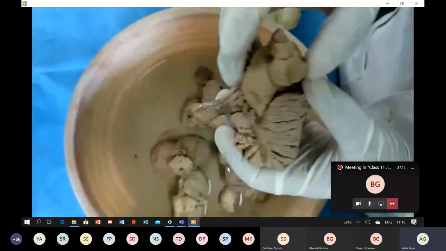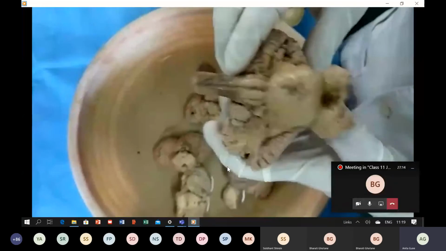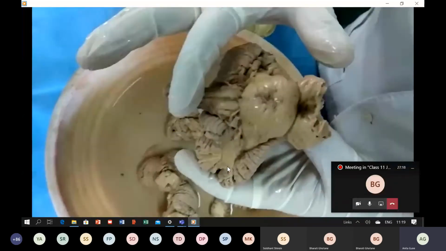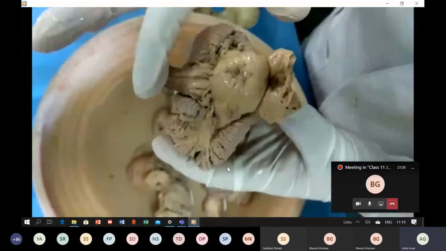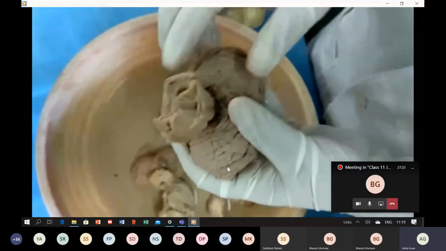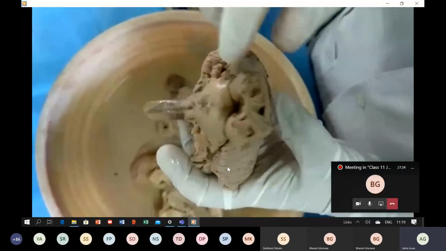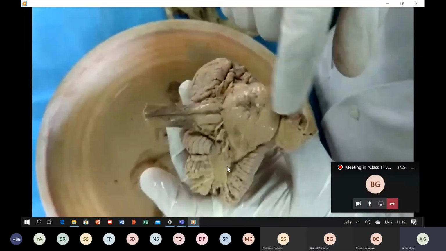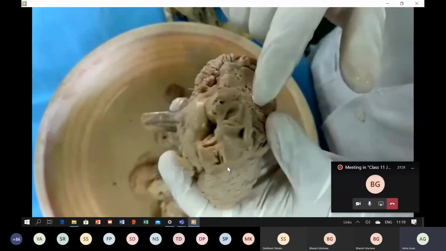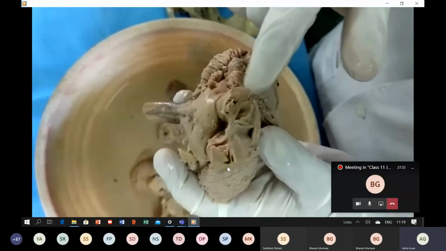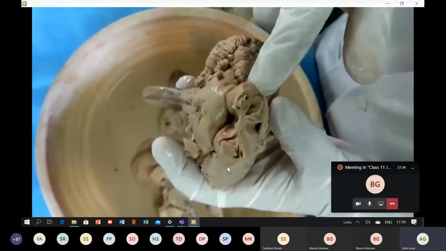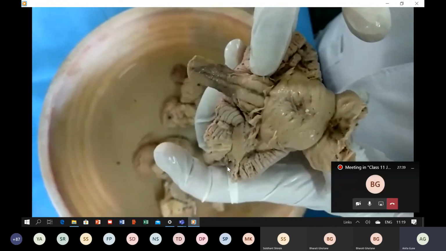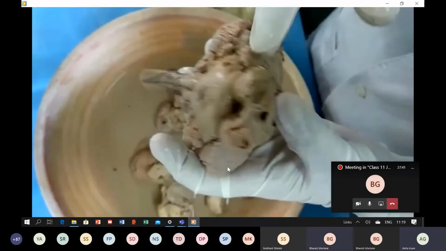Anteriorly, it is related to the brainstem, that is midbrain, pons and medulla. It is attached by the superior cerebellar peduncle, middle cerebellar peduncle and inferior cerebellar peduncle.